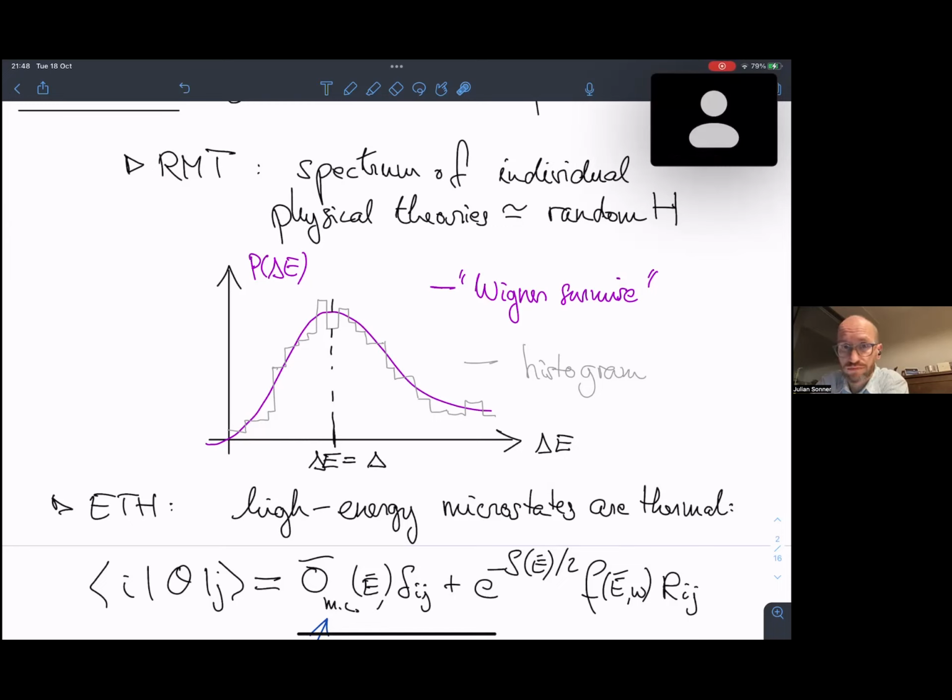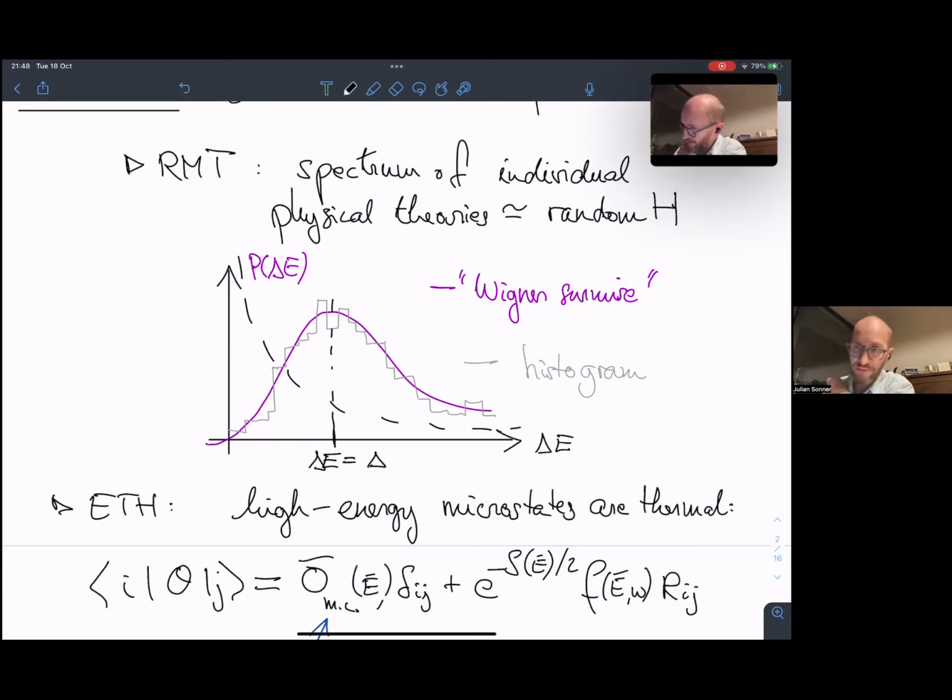Are you telling me that we cannot fine tune the coefficients to find a different spectrum? No, you cannot get a different spectrum unless you go to an integrable theory, in which case what you get would be a Poisson distribution.